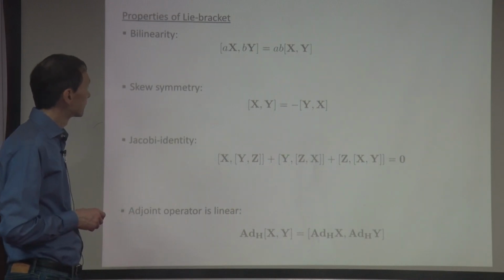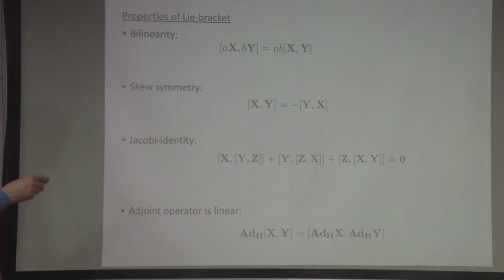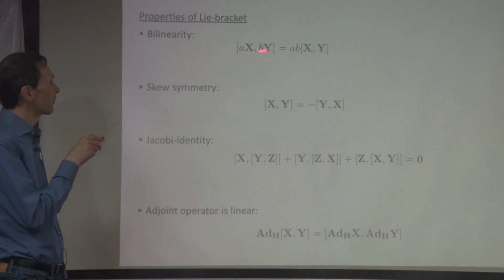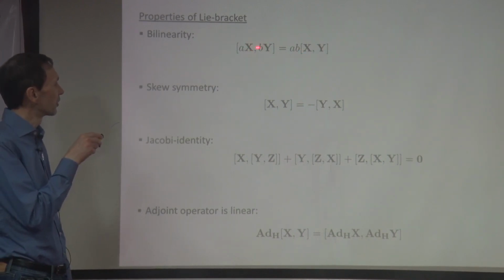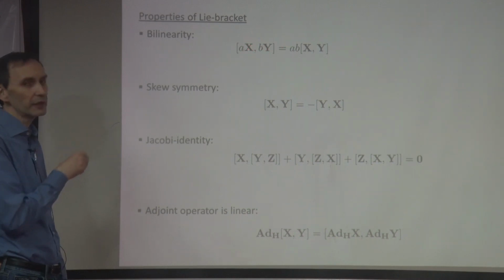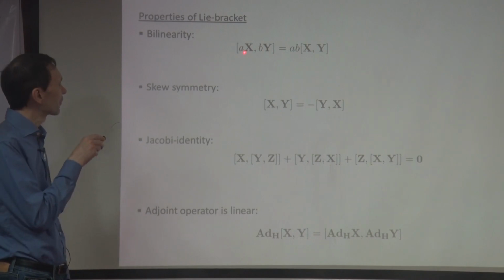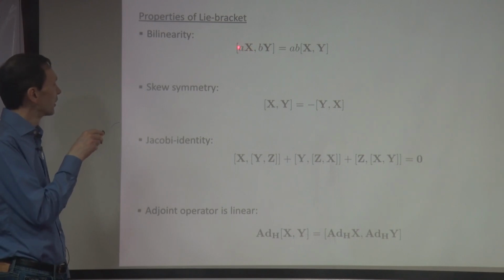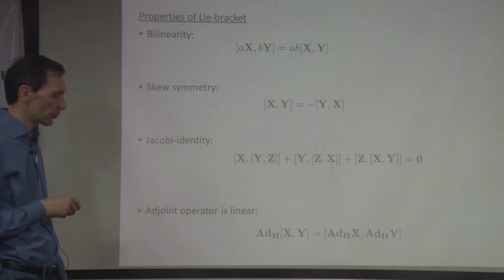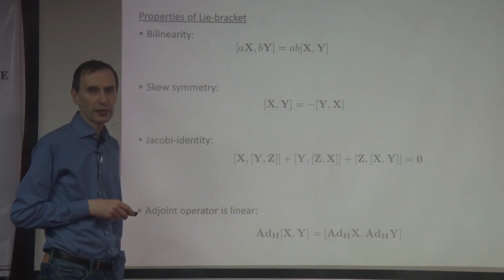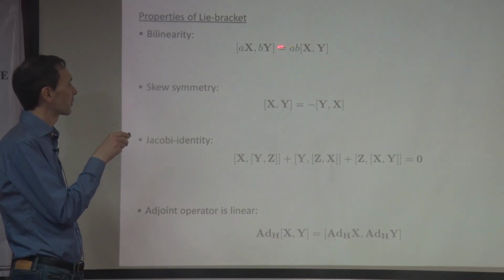Okay, there are more properties of this. There is, for example, the skew symmetry we already had. Then it's bilinear, in the sense that if you take the Lie bracket of two screws x and y, the Lie bracket of x multiplied with a and y multiplied with b is equal to the Lie bracket, that means the screw product, of x and y multiplied with a and b.